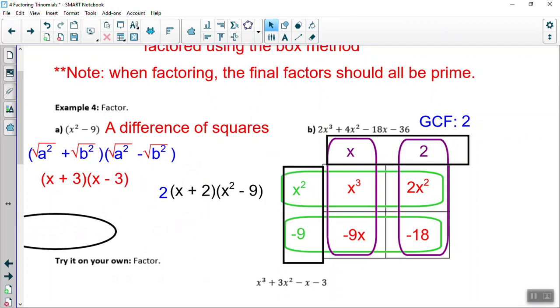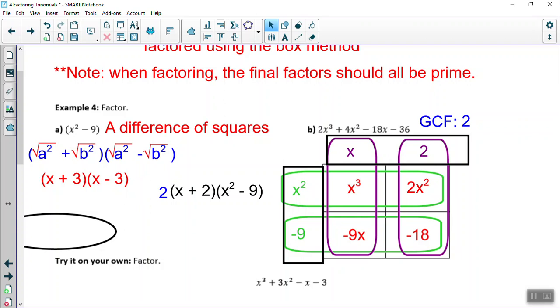Now, this here, if we recognize it from over here, is a difference of 2 perfect squares. So now I can take this here and I can factor that out. So remember we said that x squared minus 9 can then be factored down to x plus 3 and x minus 3.